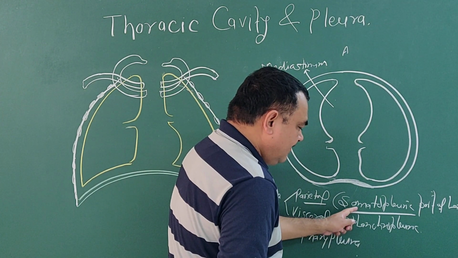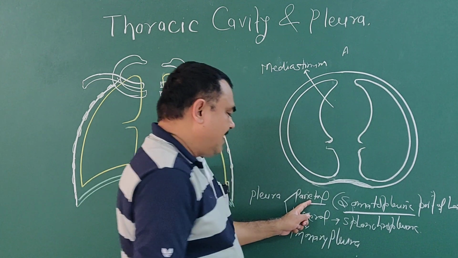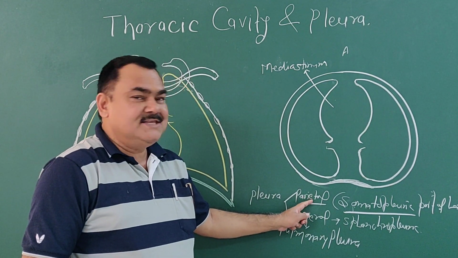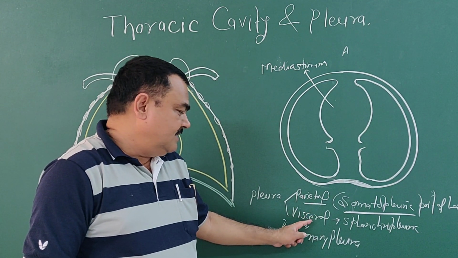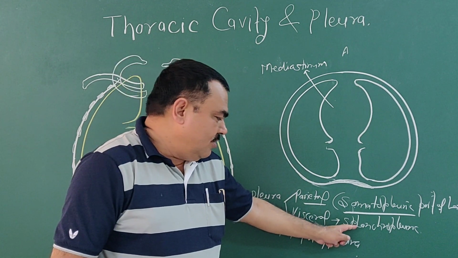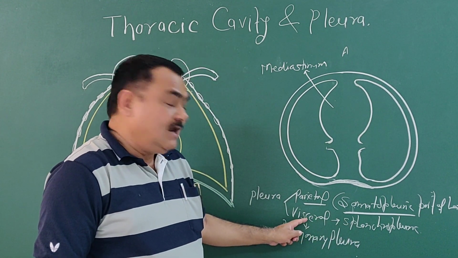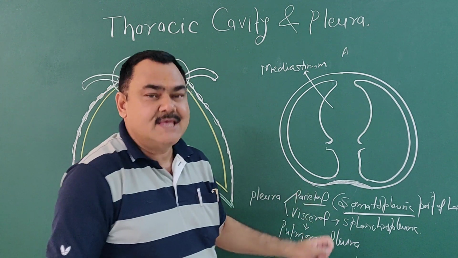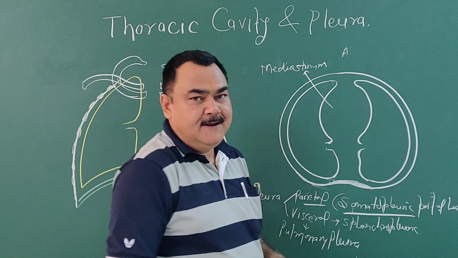This somatopleuric derivative, the parietal layer, is pain sensitive, and this splanchnopleuric derivative, the visceral layer, is pain insensitive. It is not sensitive to pain.